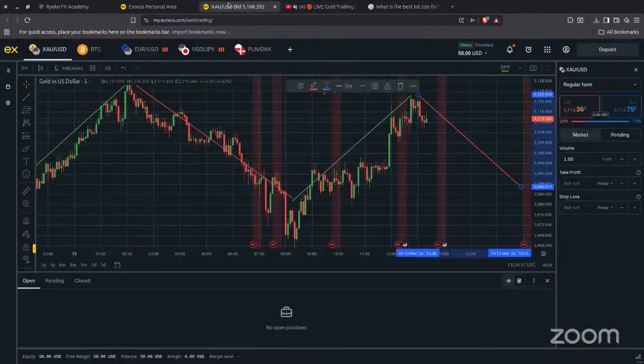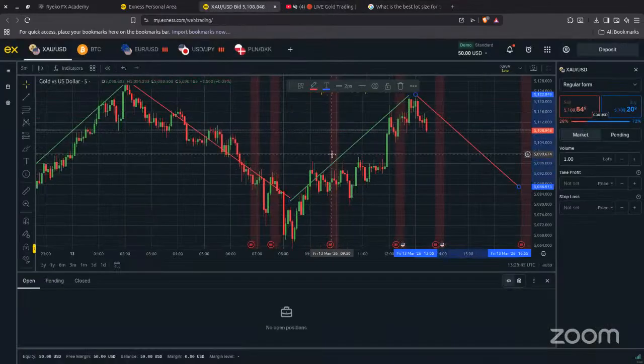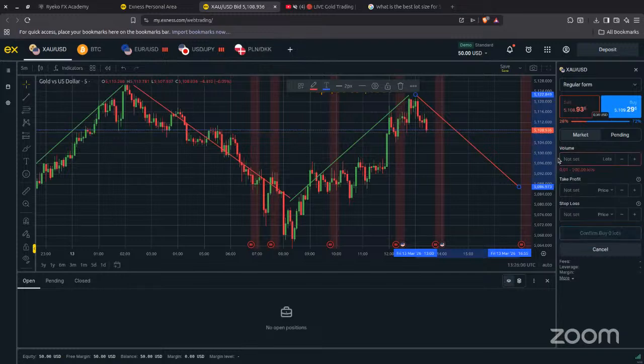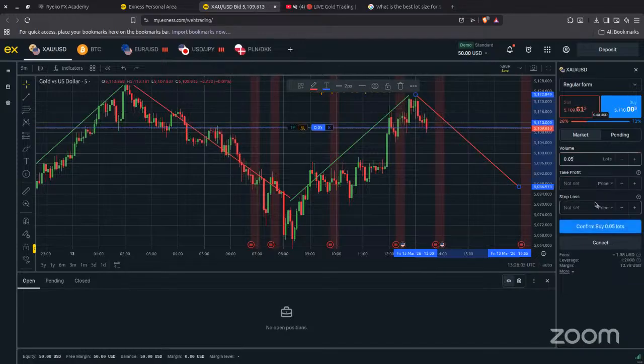Okay, so what you're going to do basically right now, of course, I knew it was going to be bearish. We could now reduce the lot size from here to 0.05. It would have been a good point for us to sell.